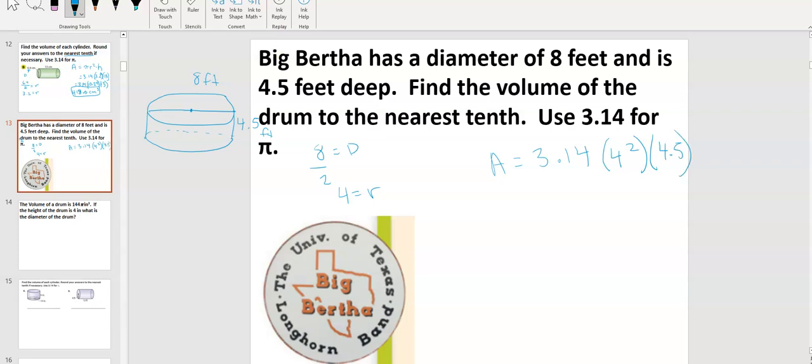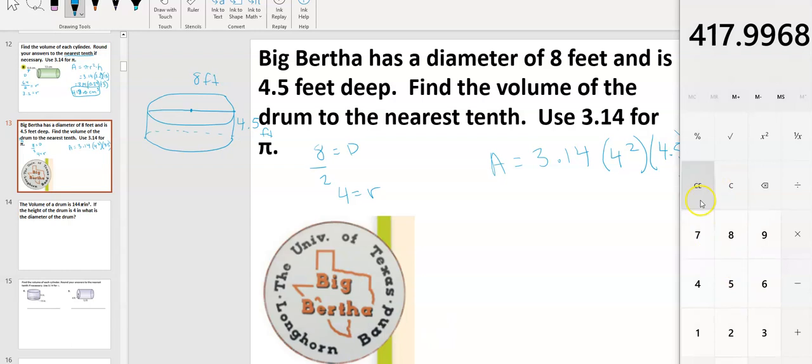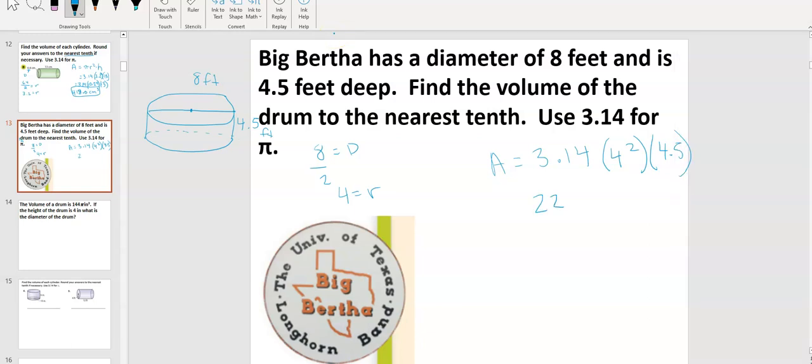And I'm just typing that into my calculator. Okay, so we're going to clear this up. 3.14. Oh, wait. Nope. I got to do my exponents first. 4 squared times 3.14 times 4.5. Okay, so I'm going to get 226.